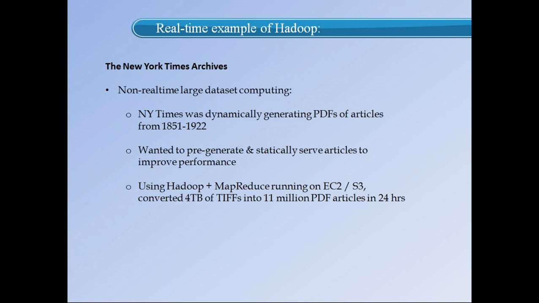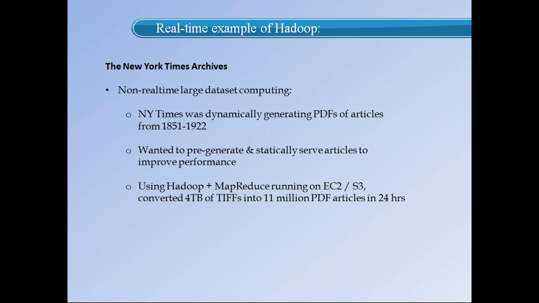But with Hadoop, the New York Times processed all their images from 1851 to 1922 and converted those images into PDF format. Now the complete data from 1851 to 1922 is searchable. You can search any article from 1851 to 1922. That's a big deal.